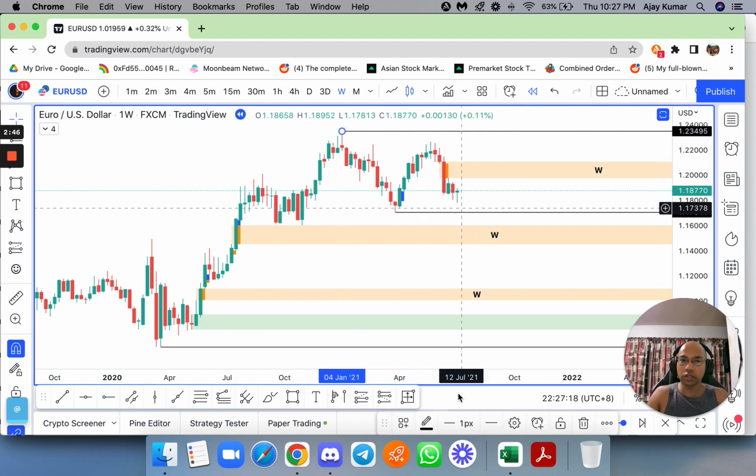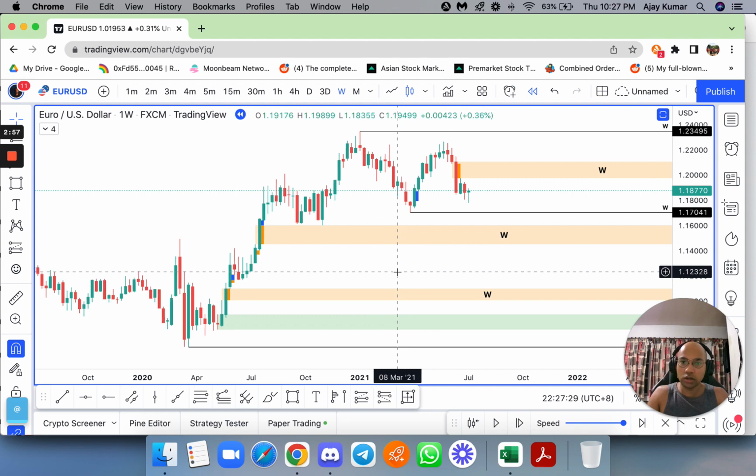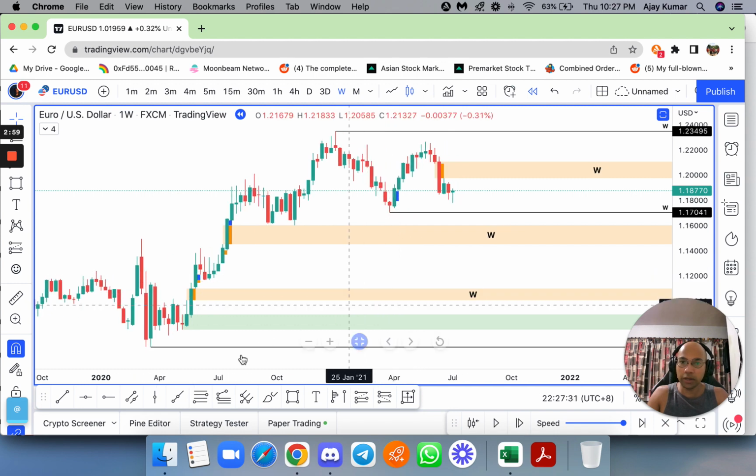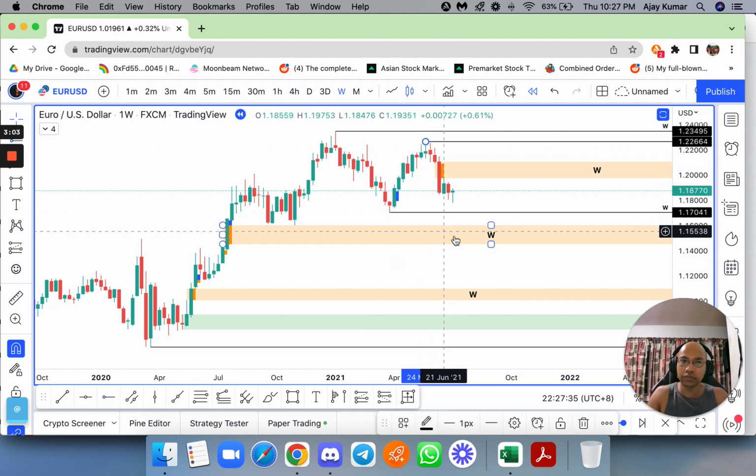There's a pivot here. Just mark it out, whatever it is. Any other pivots do you see? Yep, I see another pivot, this one.